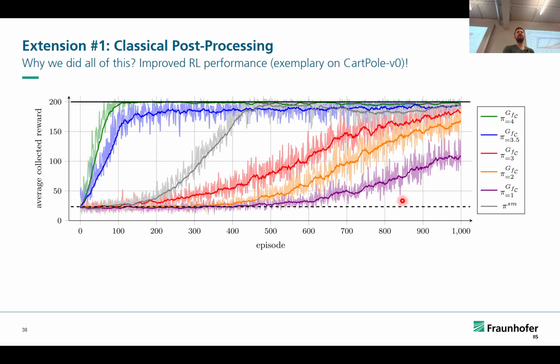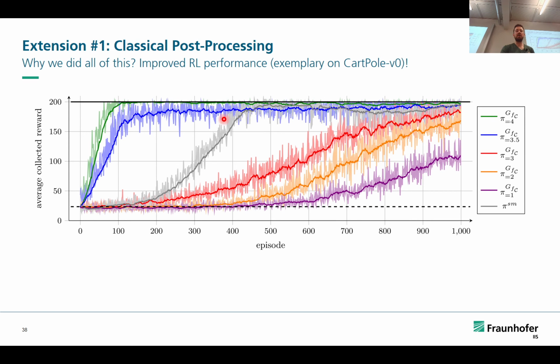On the other end of the spectrum we have this purple plot, which uses the least amount of information you can get away with in this setting, so only 1 bit, because we have to decide between 2 actions. And everything in between is ordered in ascending order of this value.